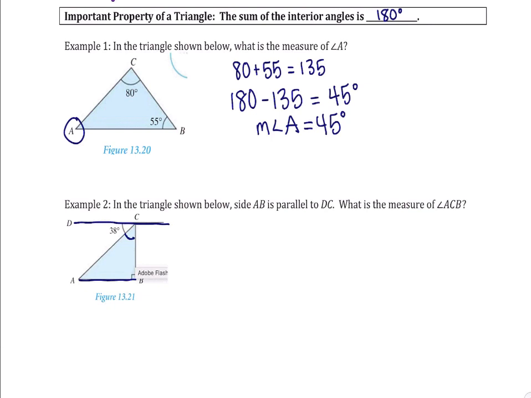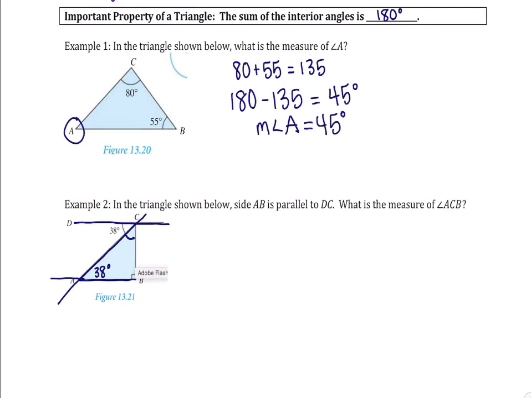Well, we see here that we can actually create a transversal with the side AC, making that 38-degree angle that's given an alternate interior angle with the angle there at vertex A.